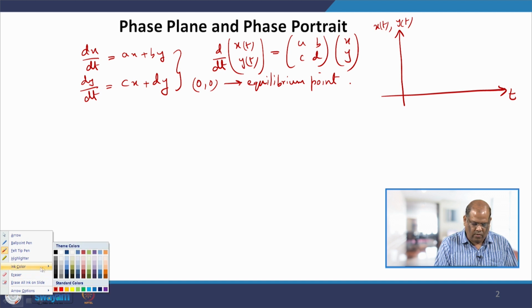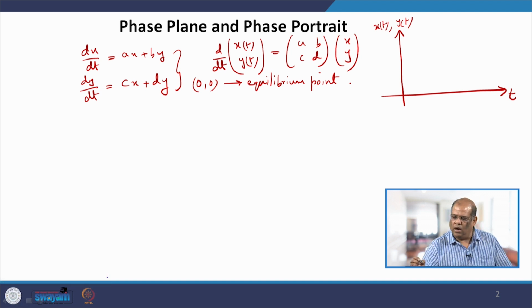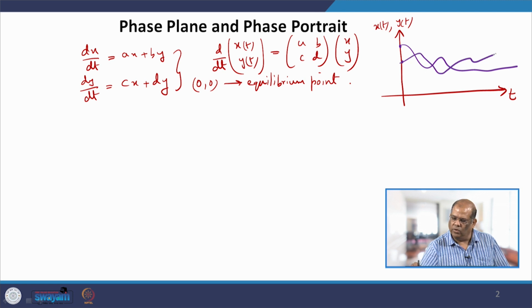If I plot the graph, it will start with some initial condition and it can show some dynamics and go to the equilibrium point. Not in this case, because it must go to 0, 0, because that is the equilibrium point. I just took a random diagram.